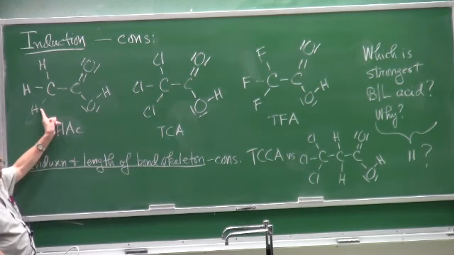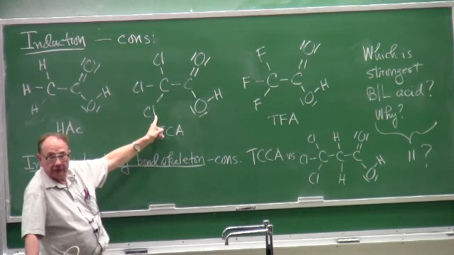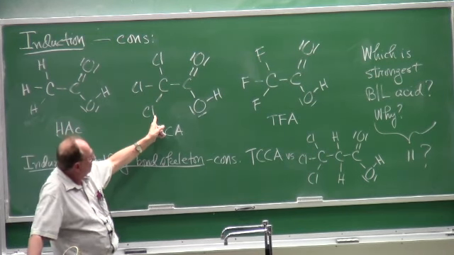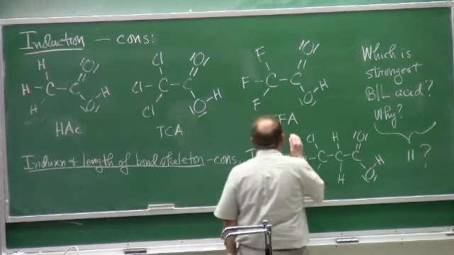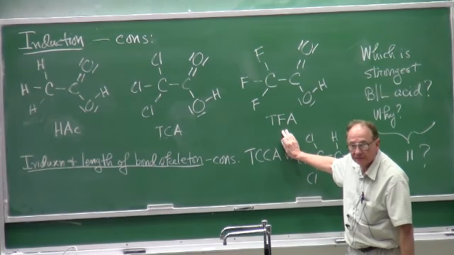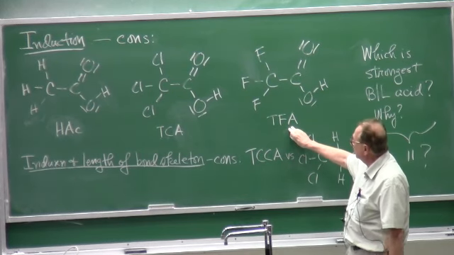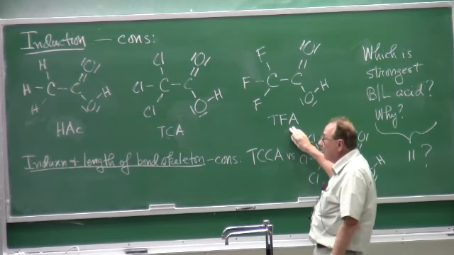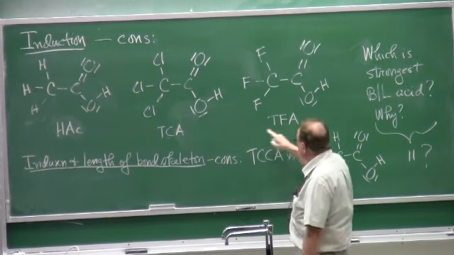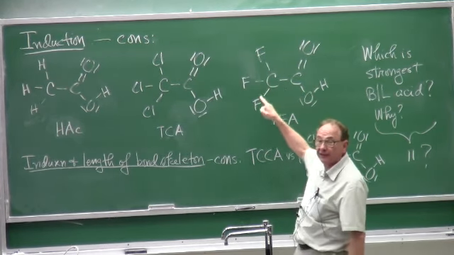But here, on the left side carbon, where I have 3 hydrogen atoms as peripheral atoms, now I have 3 peripheral chlorine atoms. And over here, I bet you now realize this is trifluoroacetic acid. Okay? Acetic acid, trichloroacetic acid, trifluoroacetic acid. Well, obviously this acid and this acid can only lose this H as H plus, because that's the only H they have.